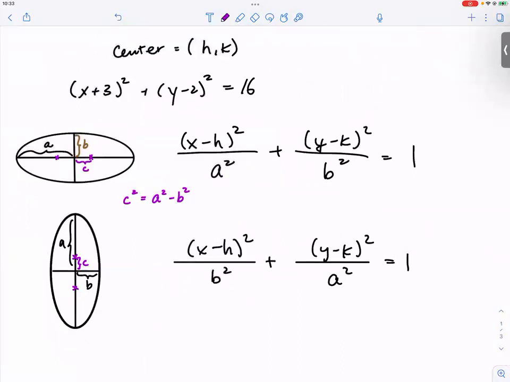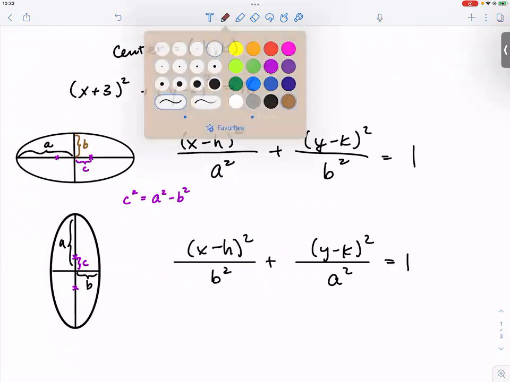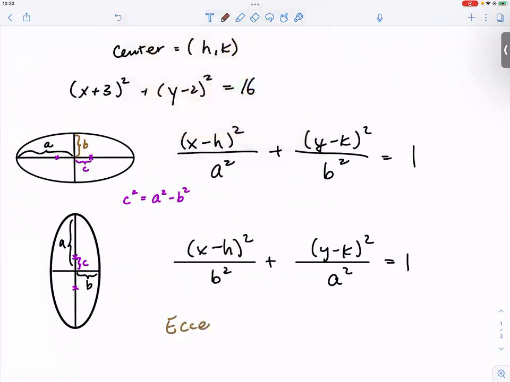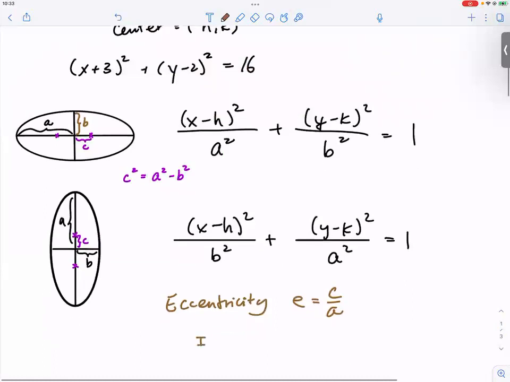A couple more things that are not shown on this diagram, but you must know, is something called eccentricity. E is equal to C over A. Okay. E is equal to C over A, and if E is equal to 0, it's a circle.